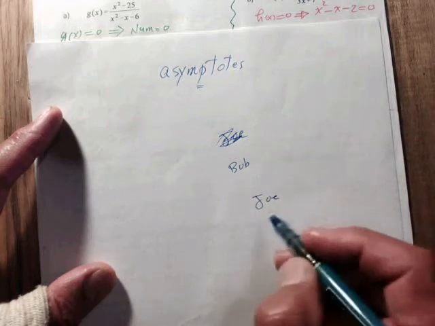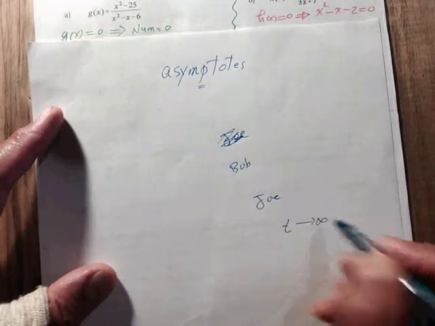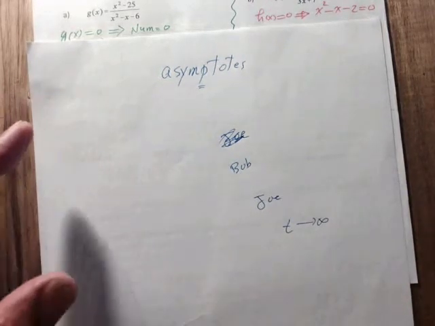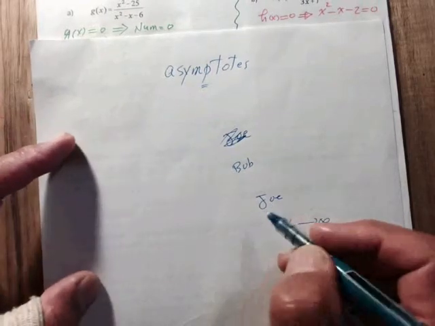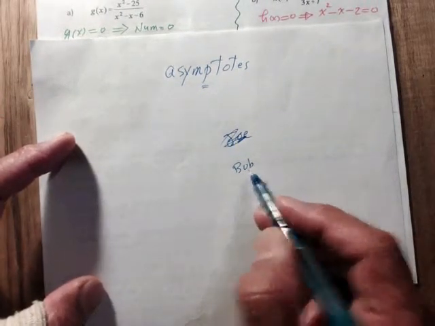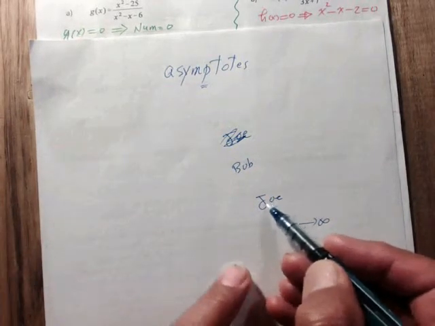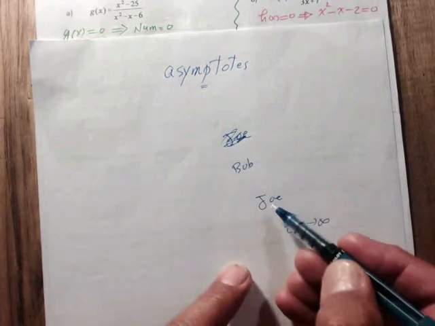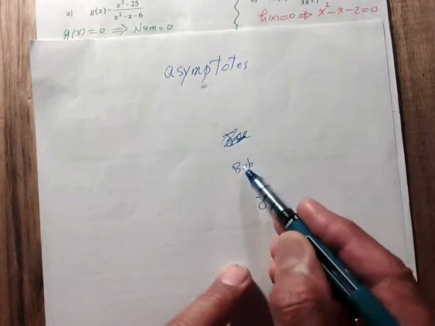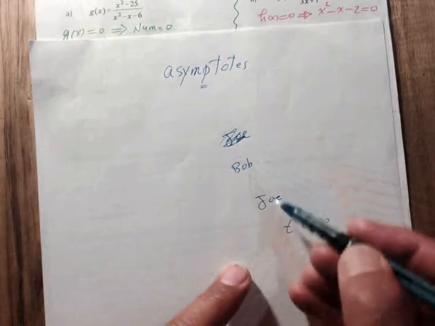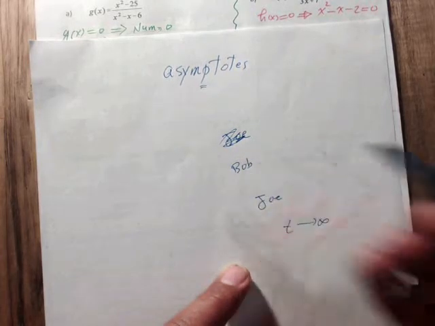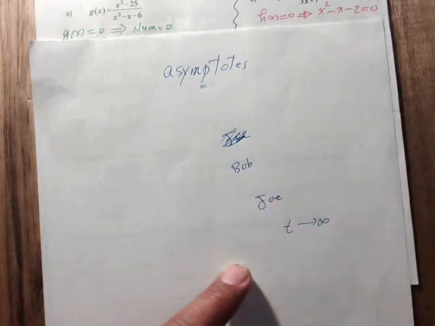So as time goes on, as t goes to infinity, t is time, Joe starts behaving like Bob, and that actually happens. If you spend enough time with somebody, if Joe spent enough time with Bob, then eventually Joe is going to behave like Bob. Okay, but that's what we are trying to do.